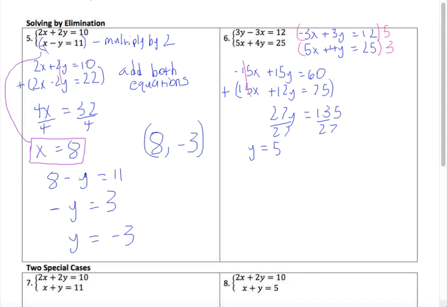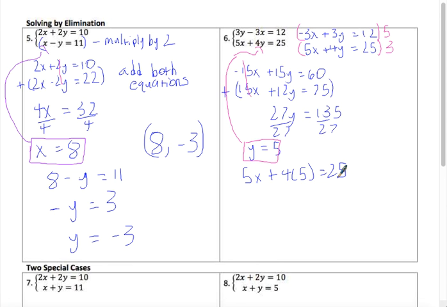And again, from here, since we got the value of y, we just have to substitute it into either one of these equations. I'm going to pick the bottom one because it has a positive x value, but it doesn't matter. You will get the same answer. So 5x plus 4 times 5 equals 25.